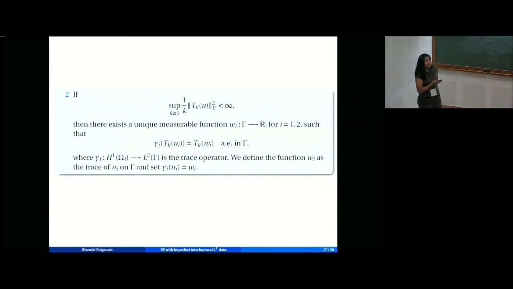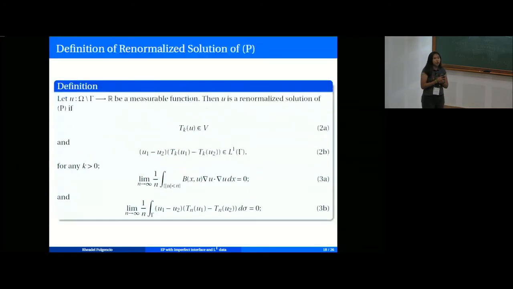Okay, so since we now have the gradient of U and the trace of U, we can now define the renormalized solution of our problem P. For our problem P, U is a renormalized solution if the first two conditions are regularity conditions. So we have the truncation of U in V for any k, and we have U1 minus U2 times Tk of U1 minus Tk of U2 in L1 of gamma.